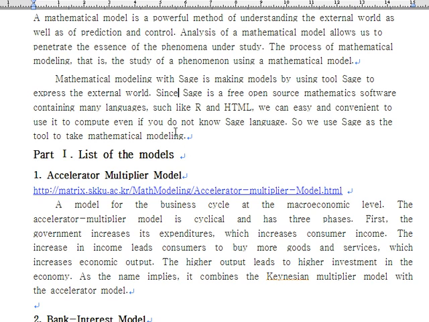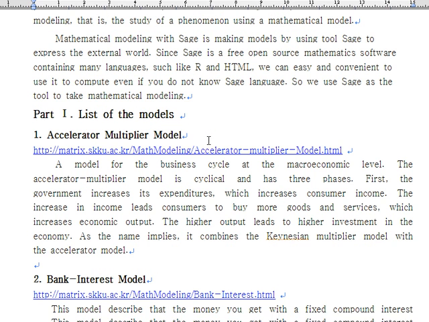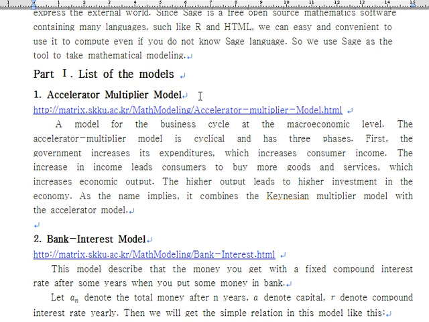In our project, we will talk about two parts. The first is the models we made with Sage, and the second is the Sage grapher we made to make graphs of the models, which makes them clearer to see.